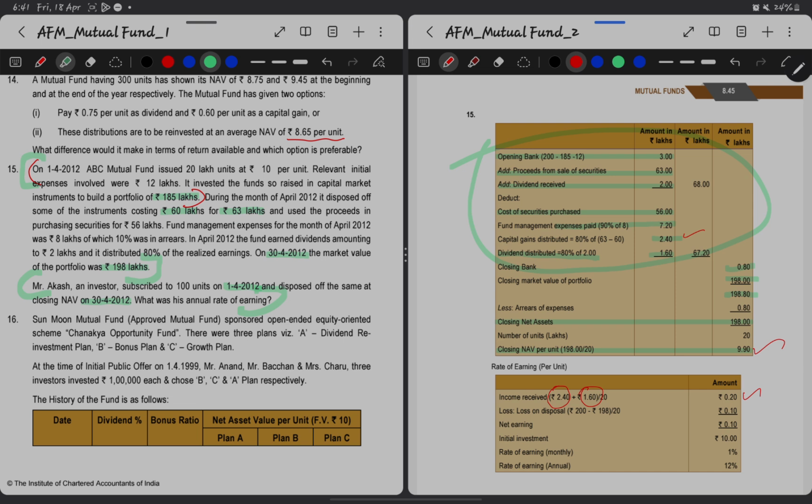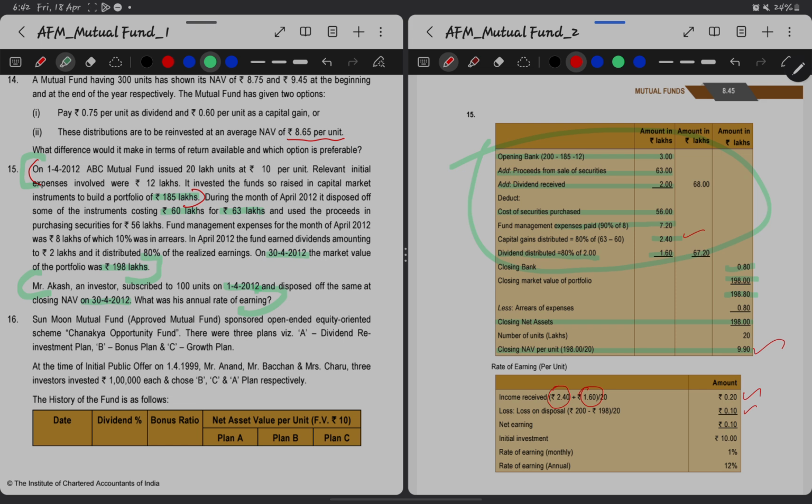The initial issued price is 200. So 200 lakhs minus 198 lakhs divided by the 20 lakh units will give us the loss on disposal. This will be loss on the capital appreciation, sorry, loss on capital, which is unrealized for the mutual fund company, but as an investor he has disposed this off. So it is a loss on disposal for him, which is 0.1.